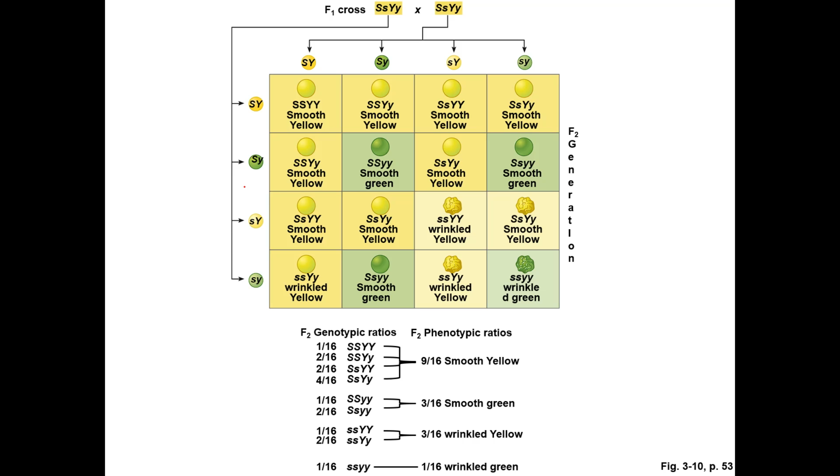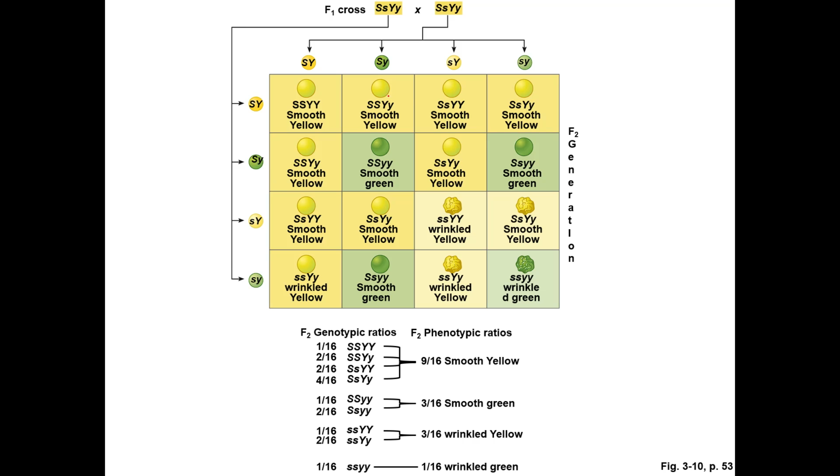And so again, you go through and you just do the boxes. So big S right here, big Y, little y, okay? And you get smooth yellow. Here you get big S, big S, little y. So here you get big S, so it's going to be smooth, but you have the recessive trait for color. So recessive leads to a green coloring. So it's smooth, but it's going to be green.